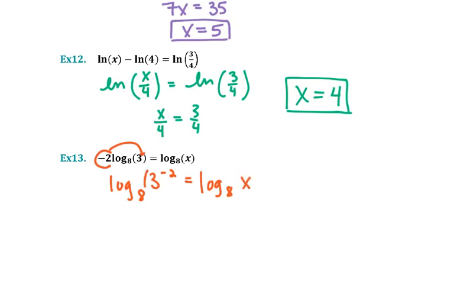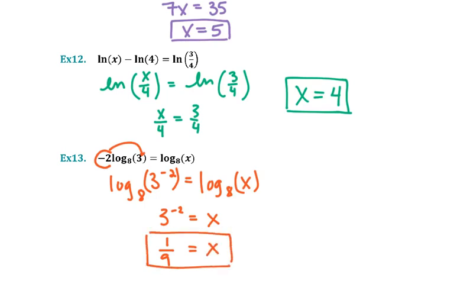So my argument on either side, I have 1 log equal to 1 log. We can suppose then that 3 to the negative 2 equals x, and 3 to the negative 2 is 1 over 3 squared, or 1 over 9. And we're done. One more video to come.